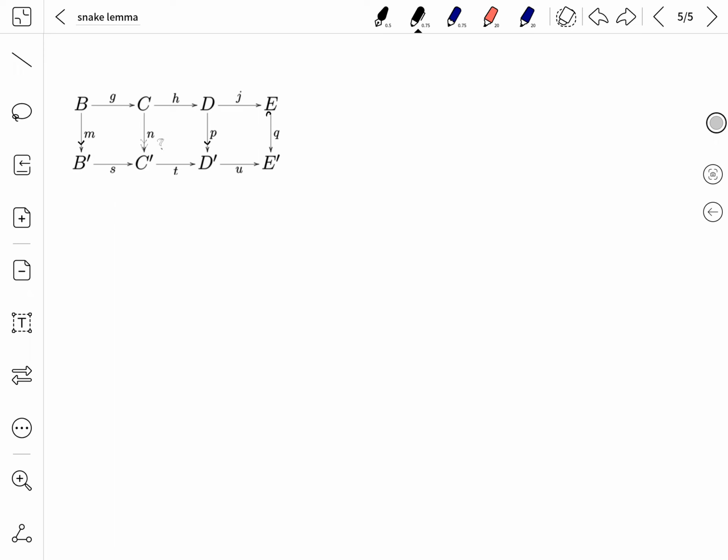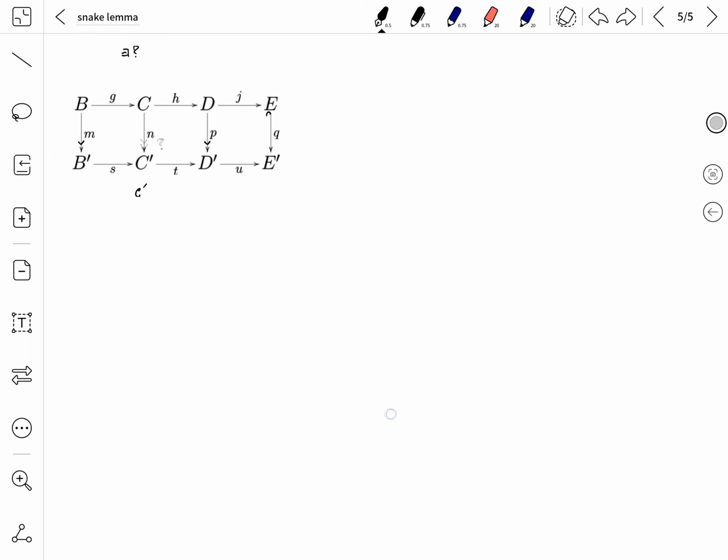Okay, so let's prove it. To prove this is surjective, what do we do? Start with an arbitrary element C prime. We want to find a pre-image here, right?